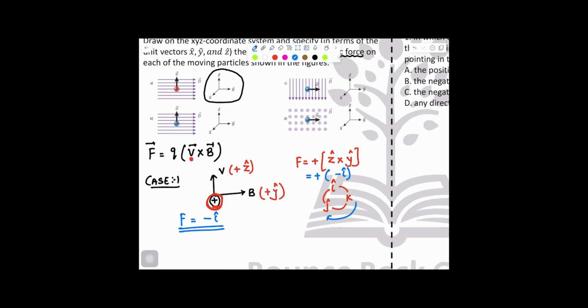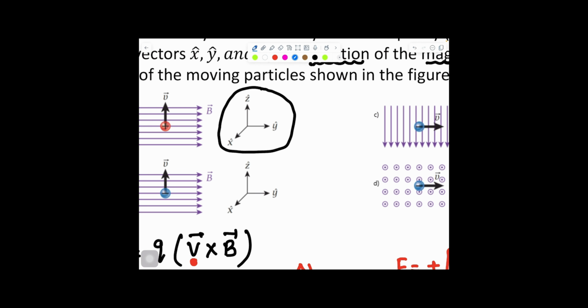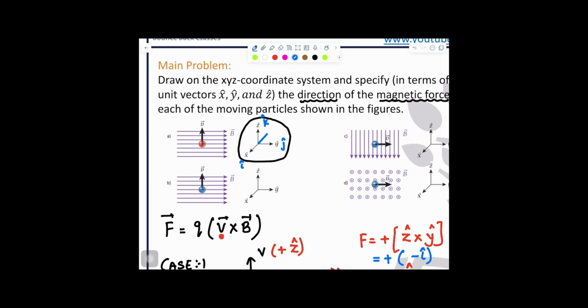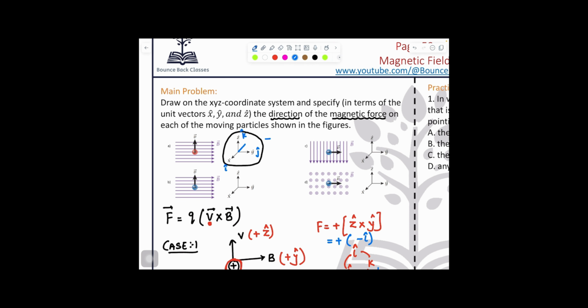Clear? Okay. So where is it given? You see, this is the i cap, here j cap, here is k cap. So what should be the result? Negative i. It should be like this. Clear? Fine. So our result is minus i cap.